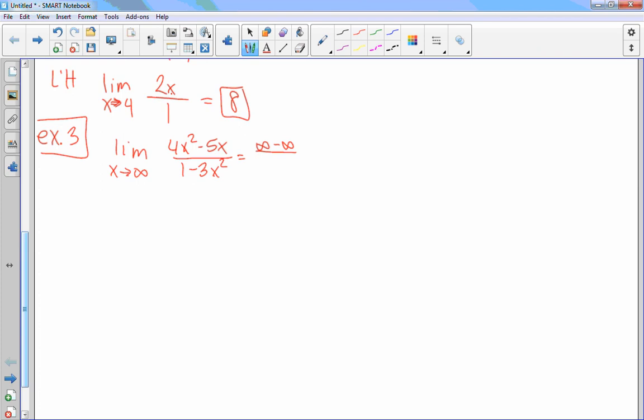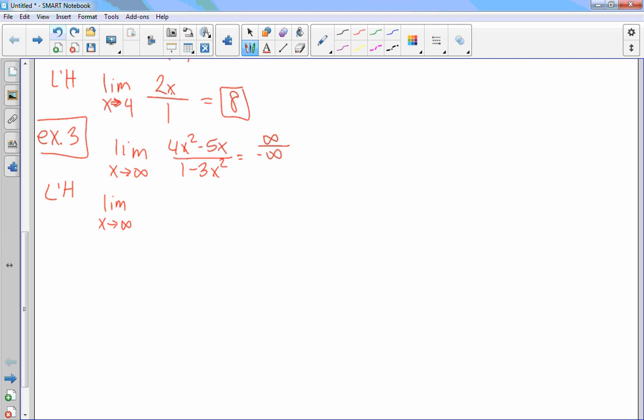So it'll end up being some positive infinity. And the denominator, 1 minus 3 times infinity squared, I mean negative infinity, so we have an indeterminate form here, infinity over infinity. So the limit as x approaches infinity, let's apply L'Hopital's rule.